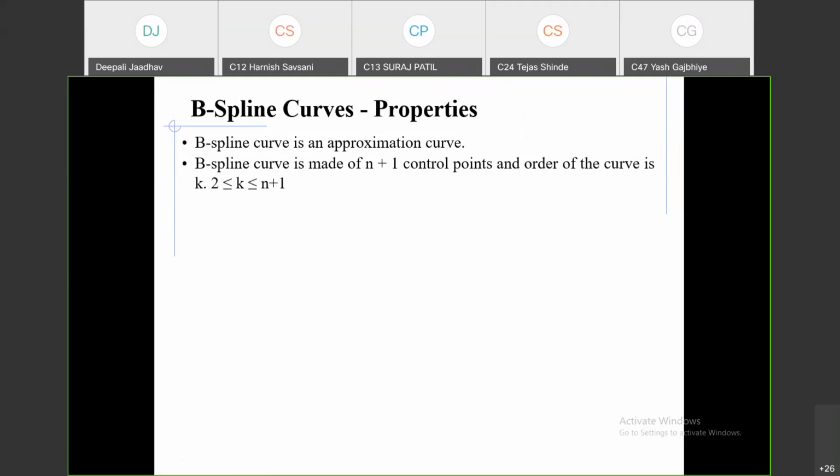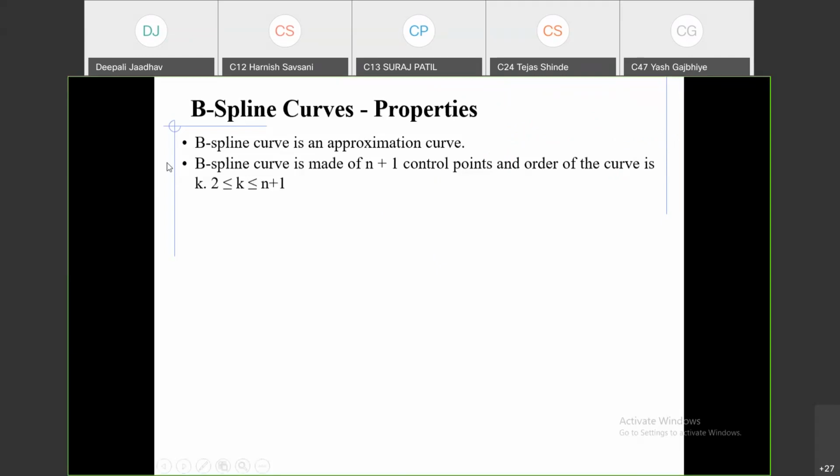The B-spline curve is made up of n plus 1 control points, the same n plus 1 control points as in the Bezier curve, and the order of the curve is k. In a Bezier curve, if there are 4 control points, then the degree is 3; if there are 5 control points, the degree is 4.